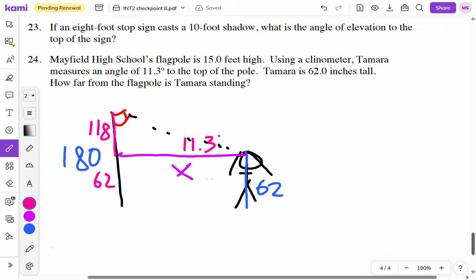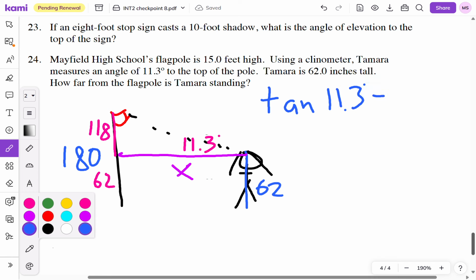Okay, so now I have my triangle. Now I have everything ready. Now I can do my trig. So what that means is that this right here is adjacent and opposite. So this is tangent. The tangent of 11.3 degrees equals opposite, which is 118, over x, which is what I'm trying to figure out.